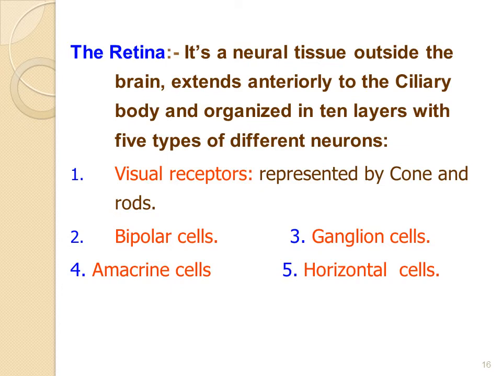These 5 types include the visual receptors, which means cones and rods, and also the bipolar cells, ganglion cells, amacrine cells, and horizontal cells.